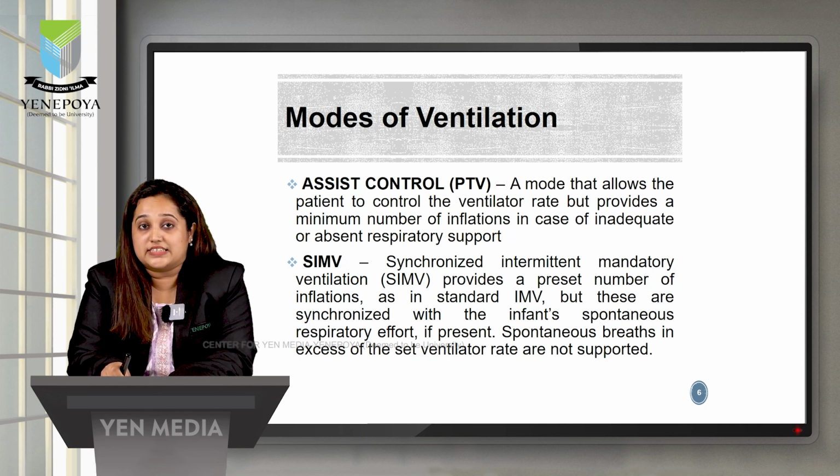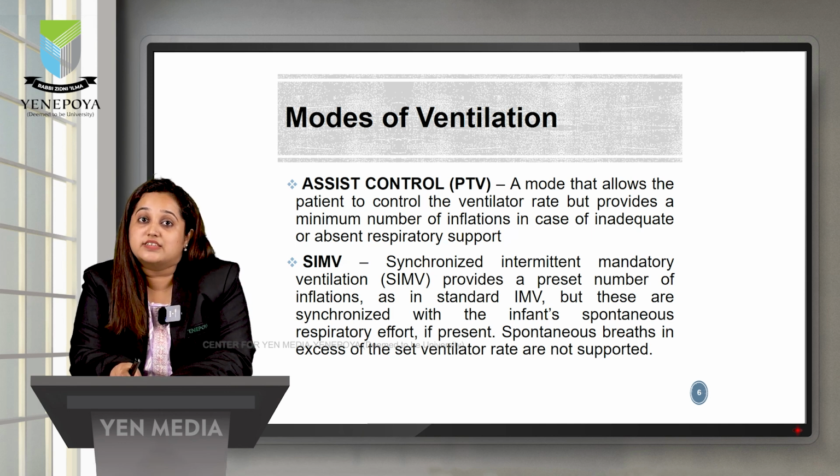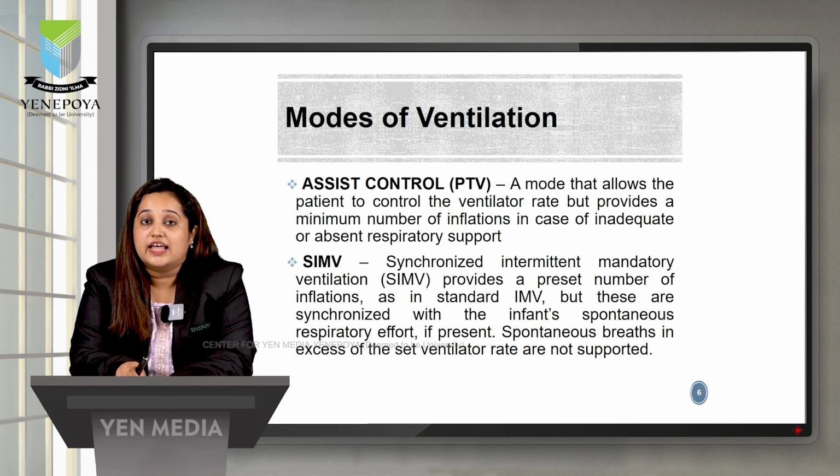And that is why SIMV is one such mode that will help you transition from initial stabilization of the baby up to weaning. SIMV is that mode of ventilation in neonates that will help you in weaning by giving some burden to the baby so that the baby can take a few breaths completely spontaneously.